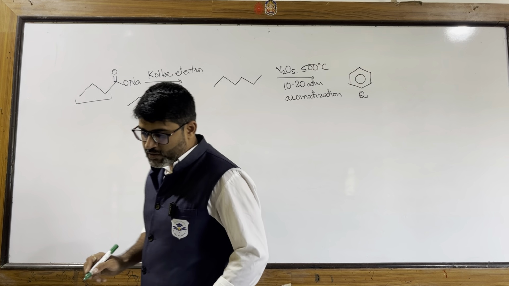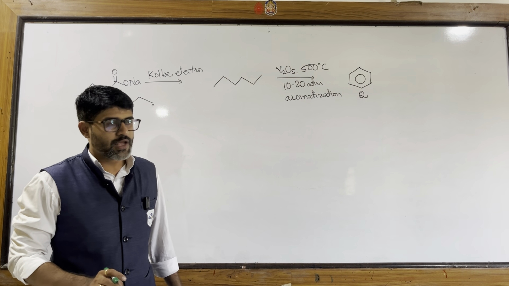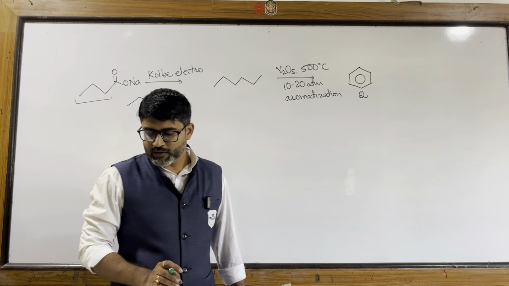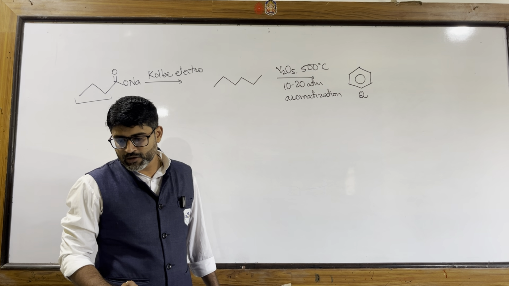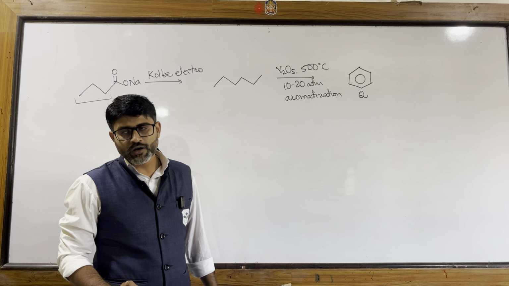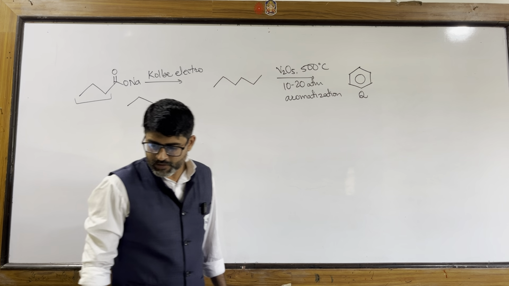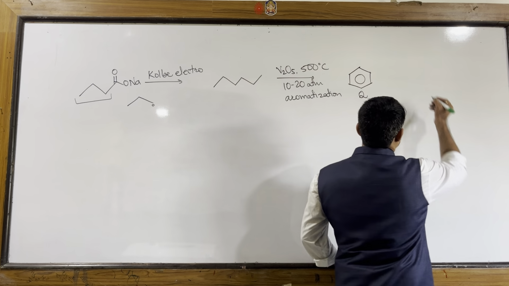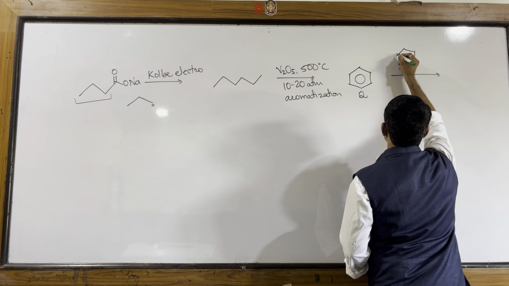So this Q is reacted with anhydrous AlCl3. The next reaction is to react this benzene with anhydrous AlCl3 in the presence of an anhydride, which is phthalic anhydride.